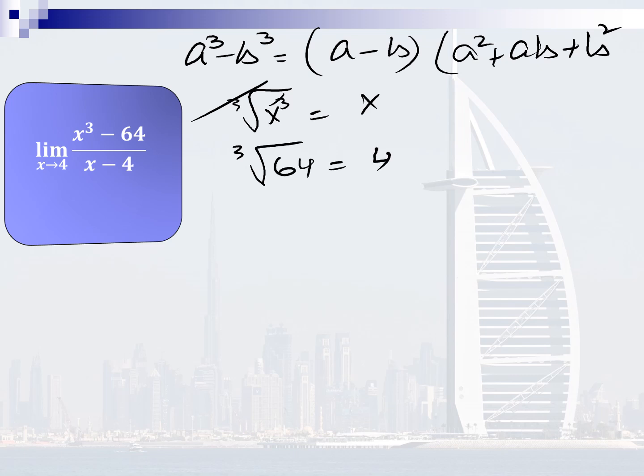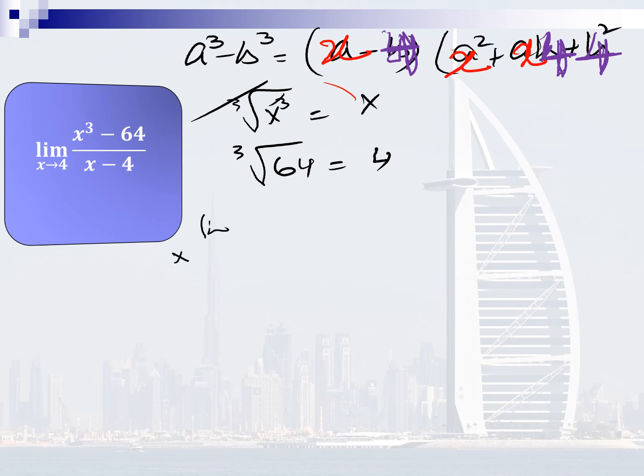Replace a by x, which means this is x, this is x, and this is x. And replace b by 4, so this is going to be 4, this is going to be 4, and this is going to be 4. So let's see what we will get.